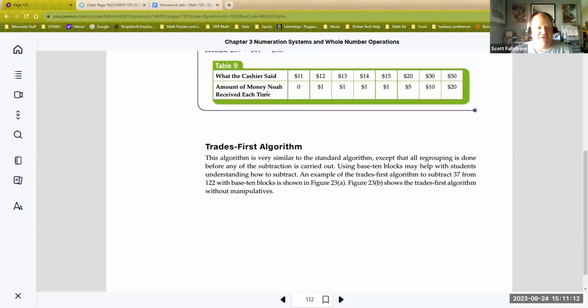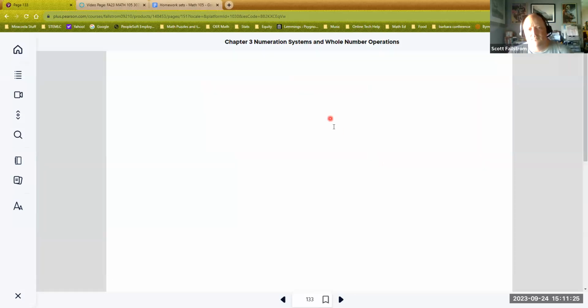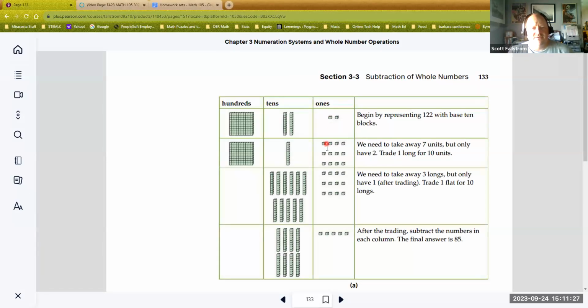Let's get back to this. All right. One of the last ones we talked about is called the trades first algorithm. Now, trades first with 37 taking away from 122, let me show it to you here without manipulatives from the book, is to actually take away all the trades that you may need as we go. So let's start with the 122. You know you got to take away 7 units.